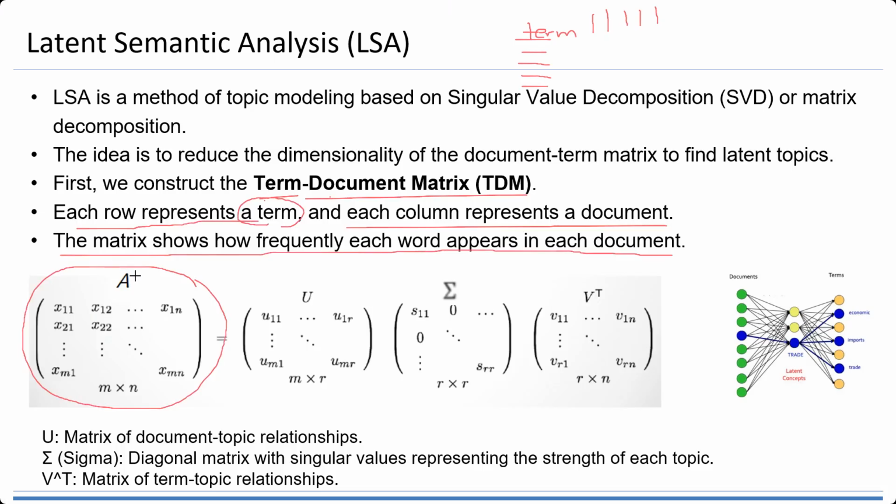So we have the matrix A, and we would like to decompose it. Decompose means we want to split it into 3. So we have U, we have sigma, and we have VT. VT is V transpose, so T means the transpose.